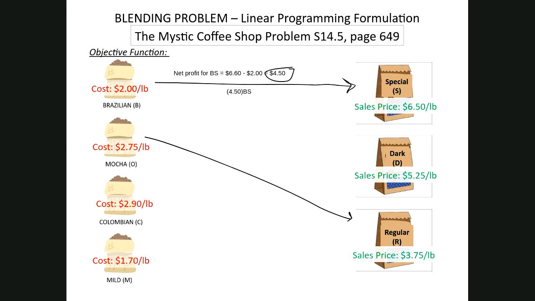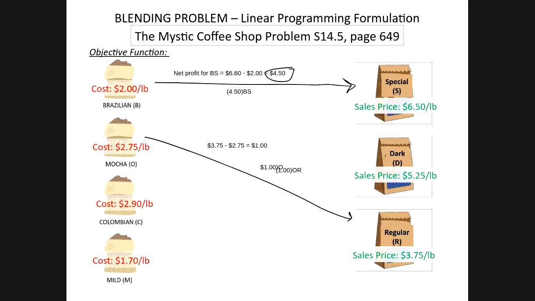And then the term that's in the objective function is going to be $1 times mocha O that goes into the regular, and that's the term that goes into the objective function.